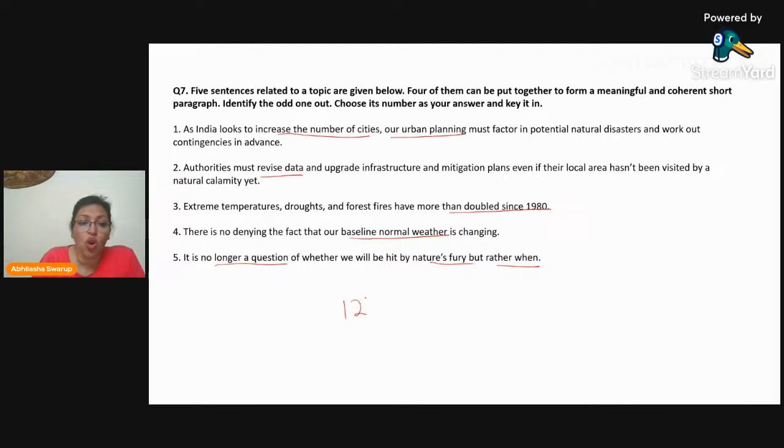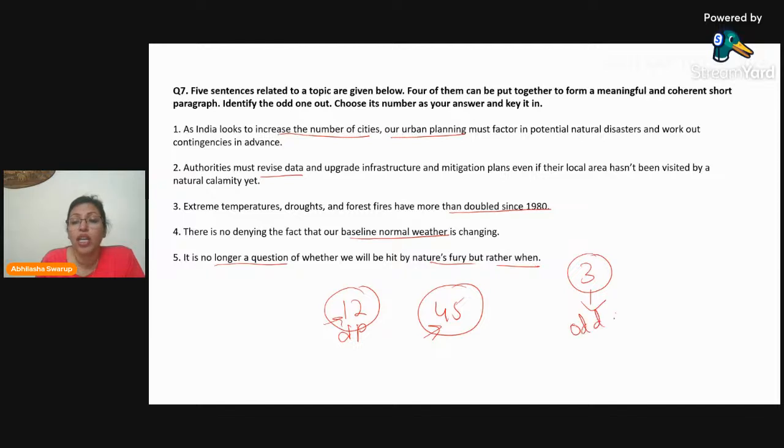So 1 and 2 both talk about disaster planning, right? And 4 and 5 both talk about nature, the climate change, right? Only sentence 3 is not connected. 1 and 2 are connected, 4 and 5 are connected. 3 is the only one that's not really connected. And therefore 3 has to be the odd one out, or your correct answer.